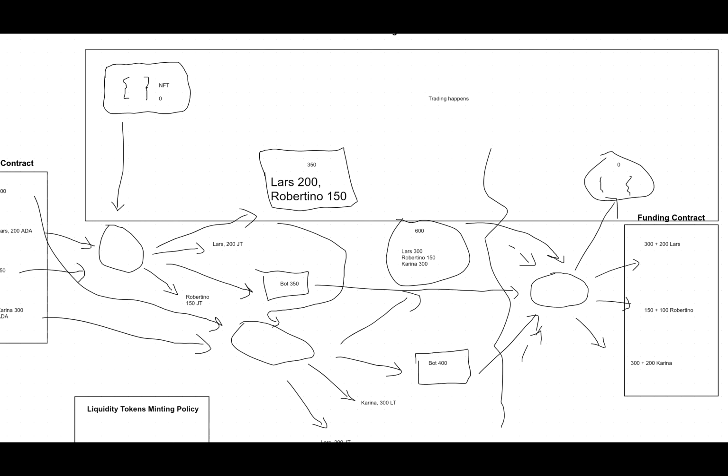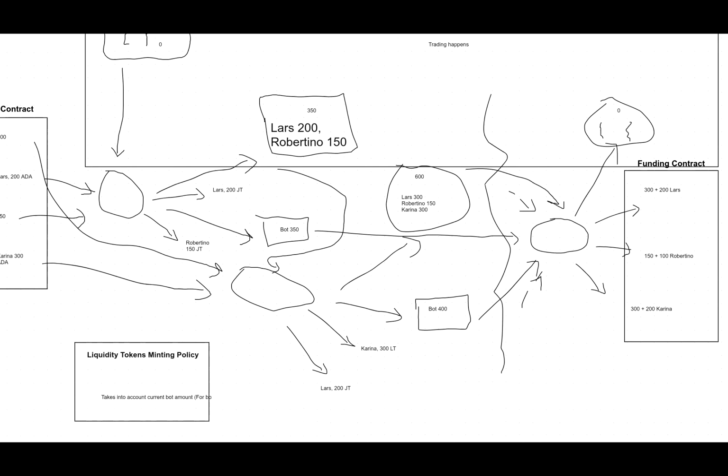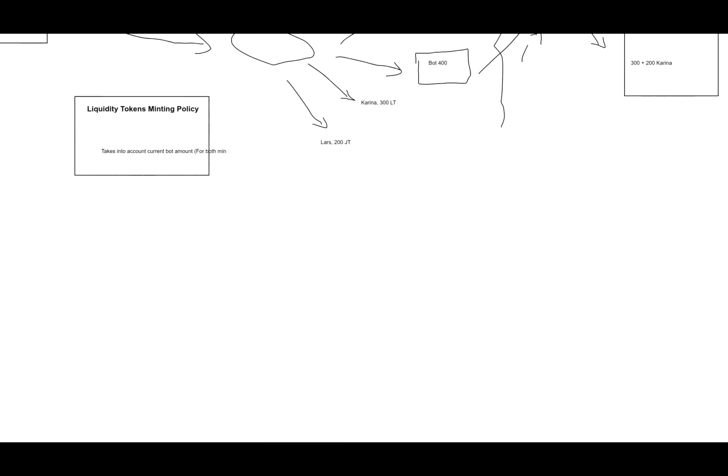The idea is basically that you have three smart contracts. One is where you pay in, the payment contract.